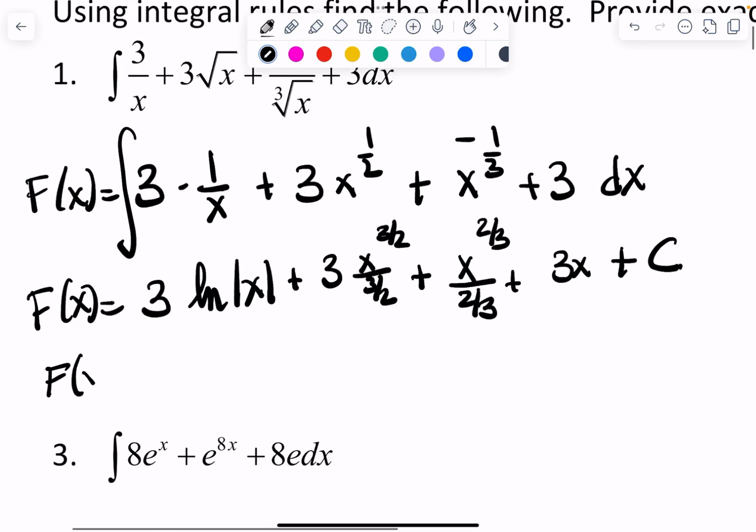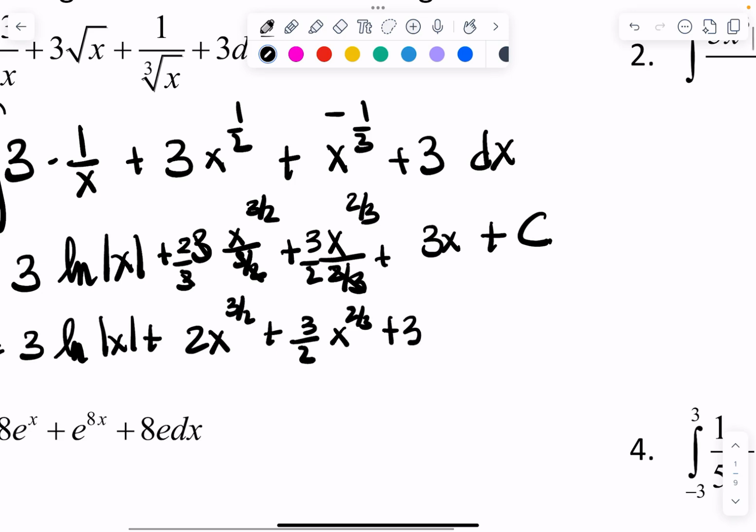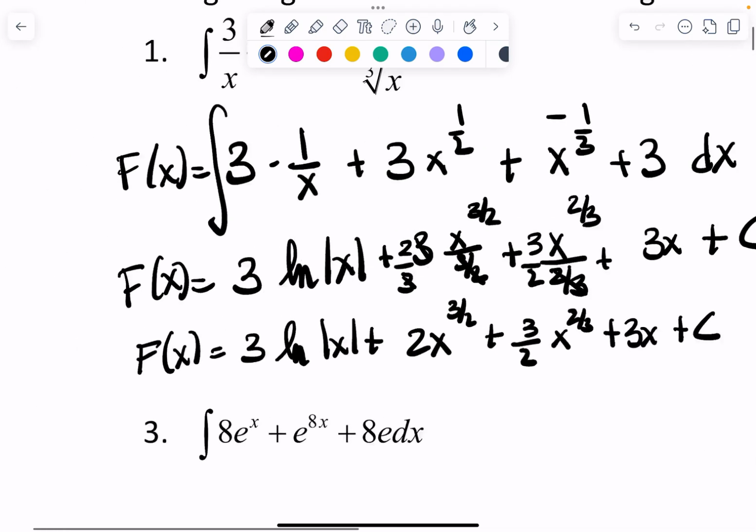Now I'm going to go back and simplify. F of x equals 3 ln absolute value of x, plus multiplying by the reciprocal, that's going to be 2 over 3. So the 3's will cancel now, 2x to the 3/2, plus, again, multiplying by the reciprocal, 3 over 2, x to the 2/3, plus 3x, plus c.